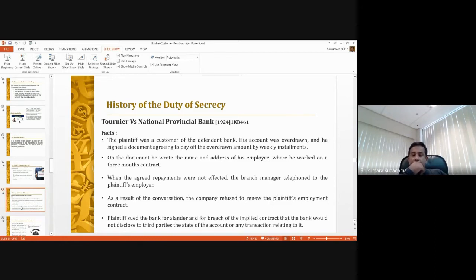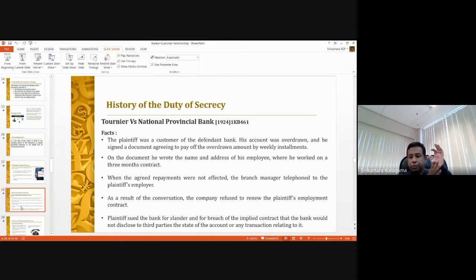He signed an agreement with the bank to pay off the overdrawn amount in weekly installments. He had an overdrawn amount, and he agreed to settle that in weekly installments.